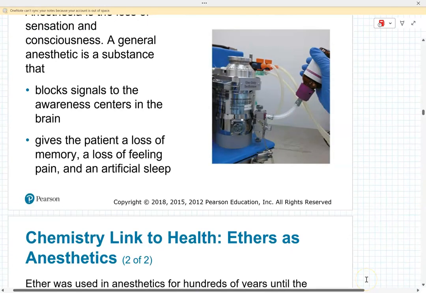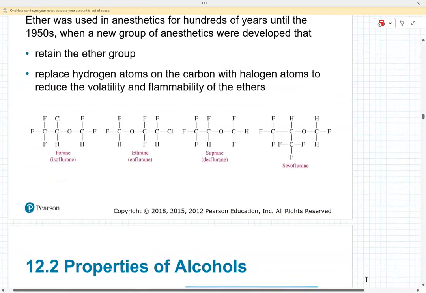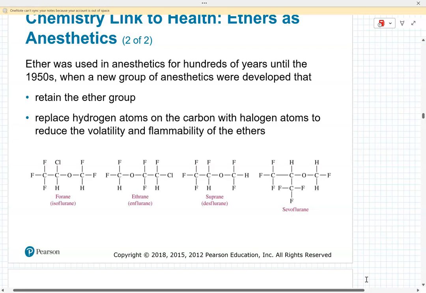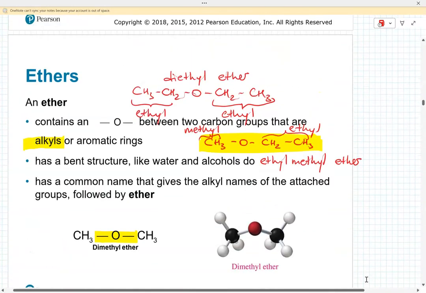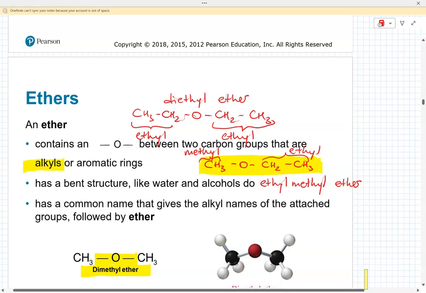Ether anesthesia is now not particularly common. Okay? It was used for about 100 years. The problem with ether, especially this one, is that it is insanely flammable.